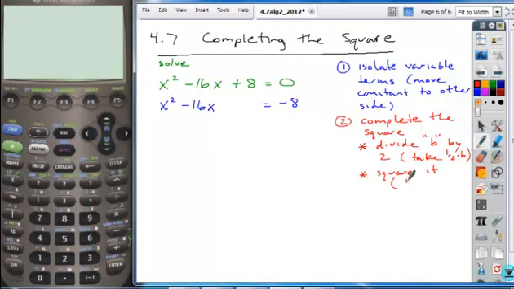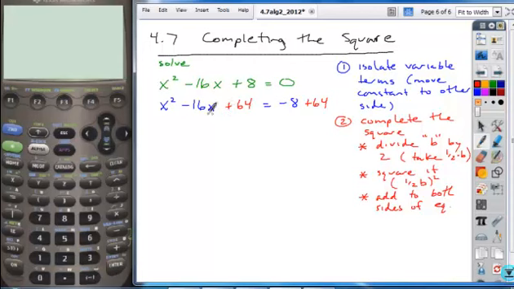So really what we're doing is we're taking 1/2 of b and then squaring it. So what was -8 squared? It is 64. So we're going to add that to both sides of our equation. So what we did right here, we completed the square.